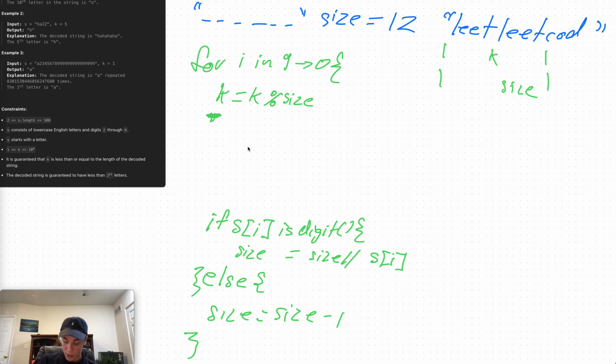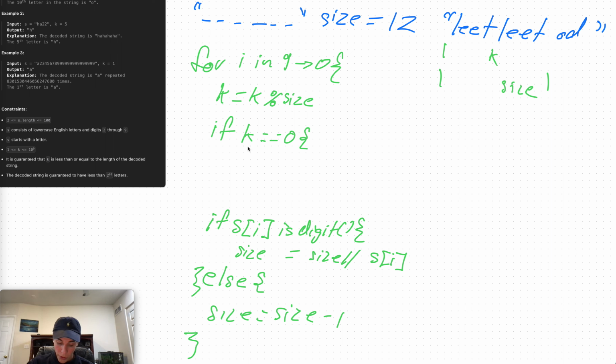Once it becomes 0, I have a condition for that. I say that if k is equal to 0, I'm going to assume that my next character has to be the correct character I was actually looking for.